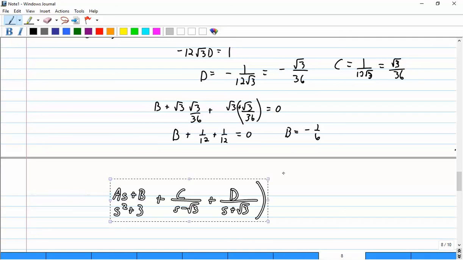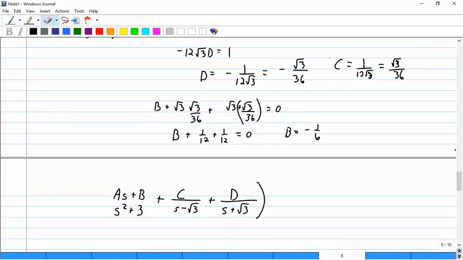And put it right here. Erase that. So that's going to equal, a was 0, b was negative 1/6 over s squared plus 3, plus square root of 3 over 36 over s minus square root of 3.